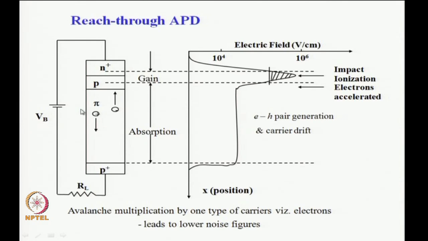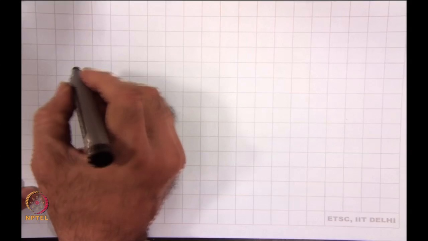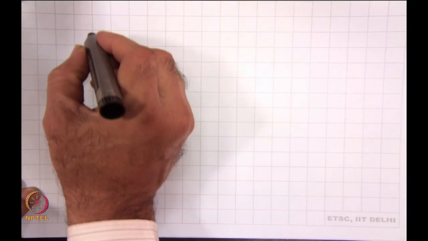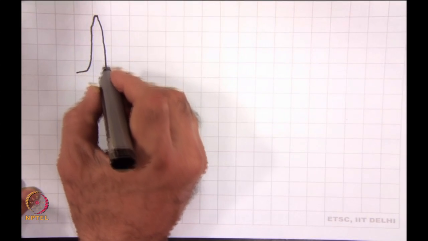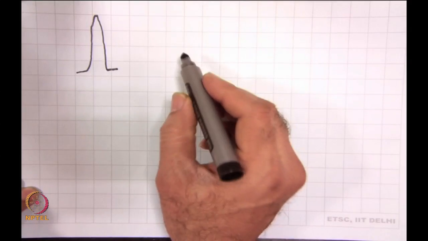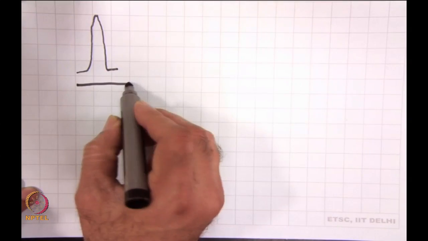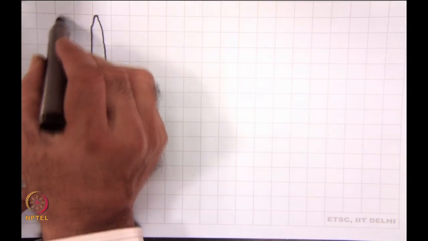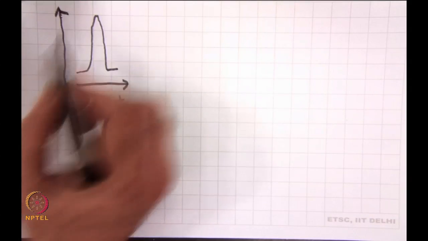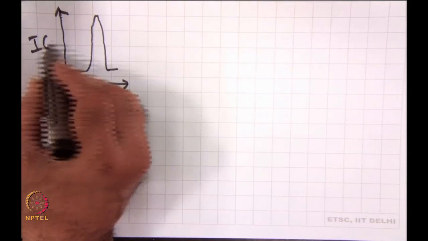So, let me illustrate what I have been saying. Let us say I have an incident pulse. This is an optical pulse incident on the photodetector. This is the time axis and this is the light intensity I of t.